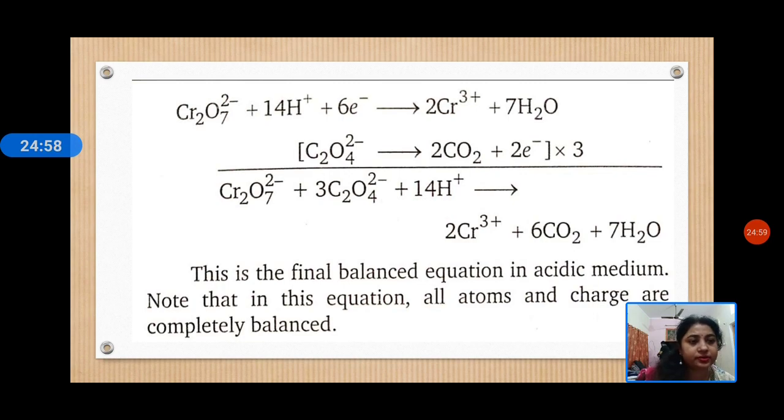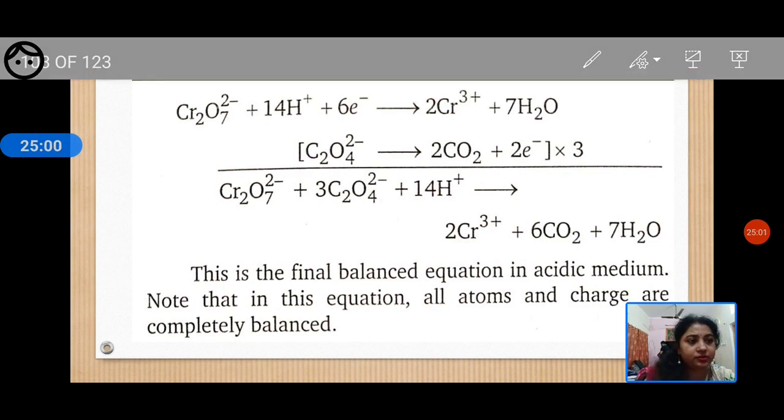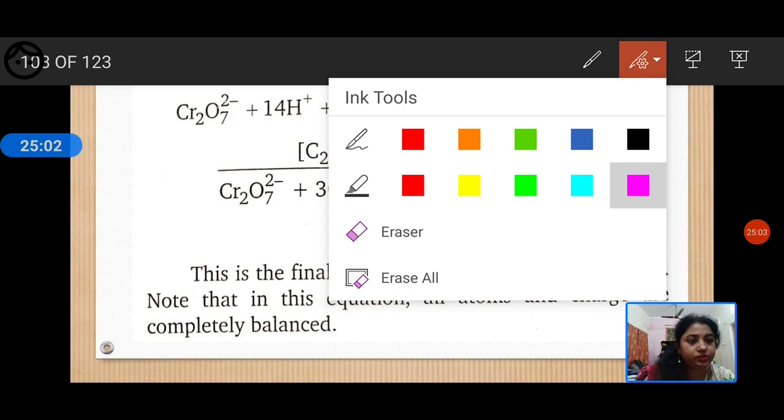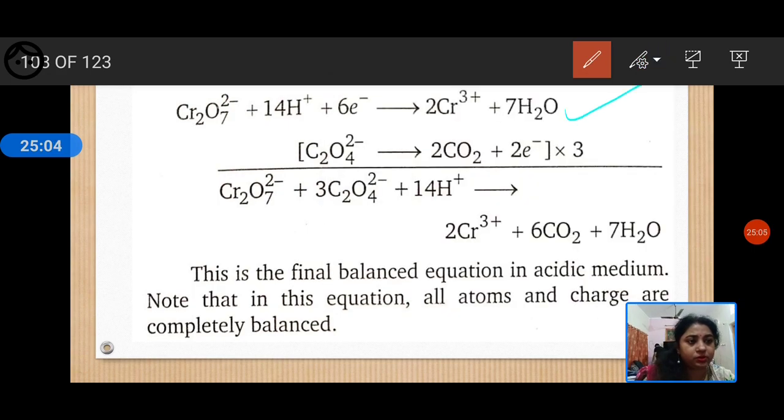Here, see here. This is the first reaction, and here we are multiplying it with 3. Whatever this reaction gives, we will write the product, and that will be a balanced equation.